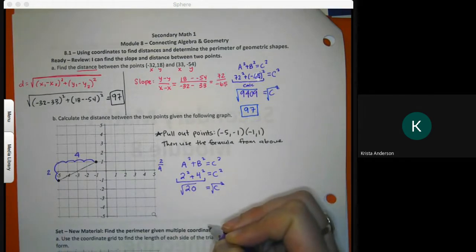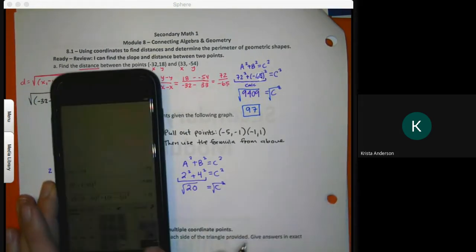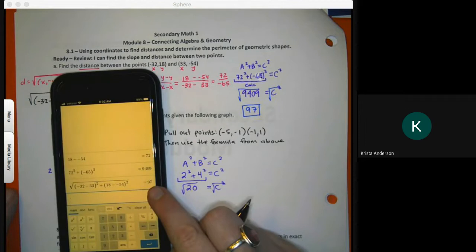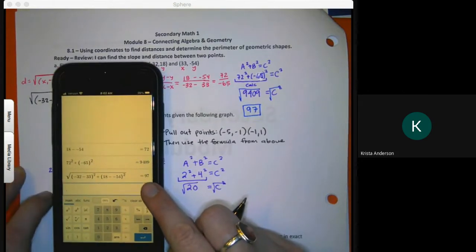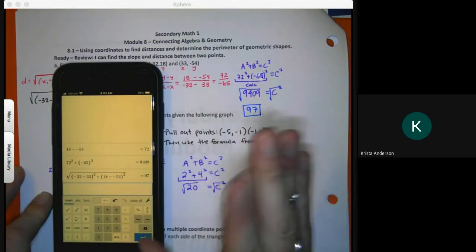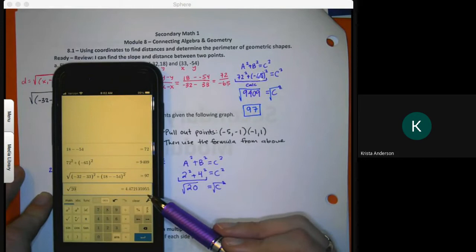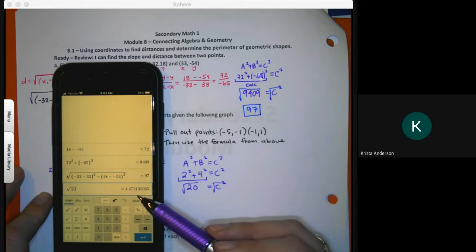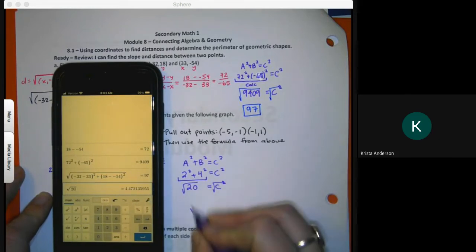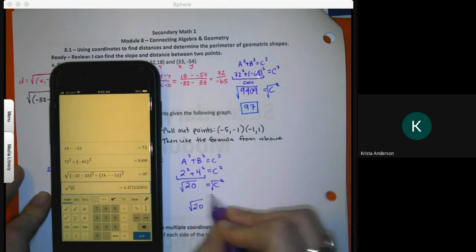When I square root 20, do you see how that one had an output of 97 and the root went away and it was just 97? When I square root 20, it is a very long decimal. So if they ask for a decimal, I would type the decimal in. But if it doesn't specify, I will just write it as the exact form.